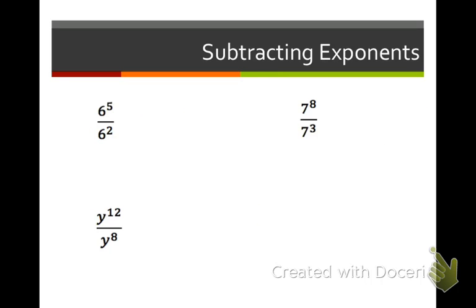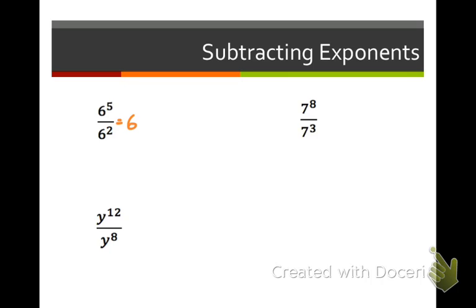Subtracting exponents. Now in this case, we're dividing, okay? This line right here, that means to divide. That's the dividing line, alright? So in this case, again, we check to see if they have the same base, and they do. So now, we keep the base, and we subtract.